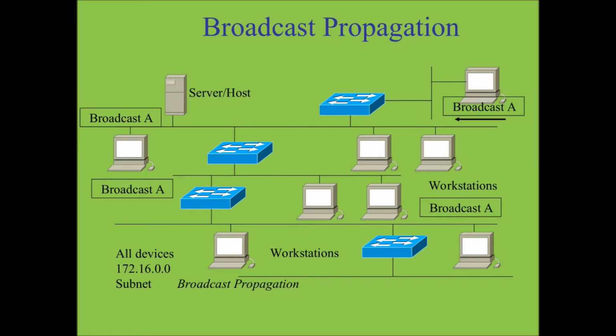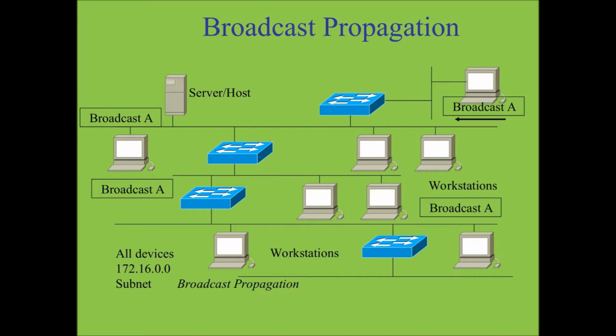When we send a message to all the devices, this is called broadcast, and there may be many purposes of these broadcast messages. For example, if we want to send any information to all the devices, then we will use the concept of broadcasting or broadcast propagation.